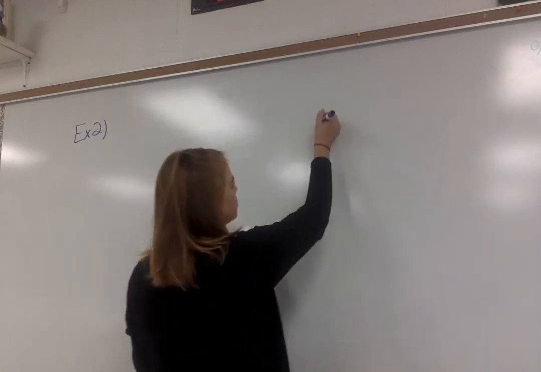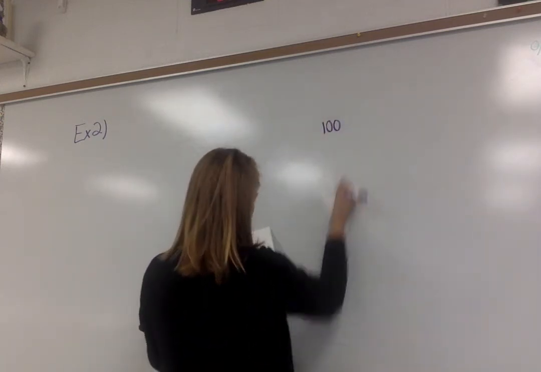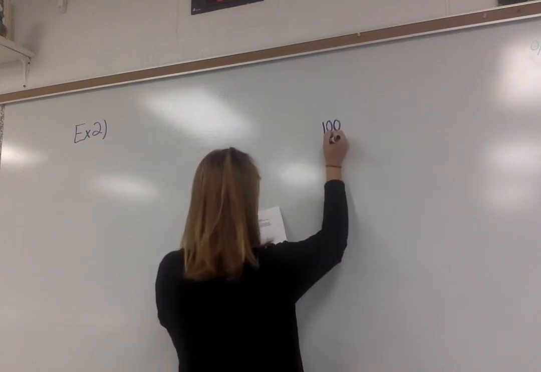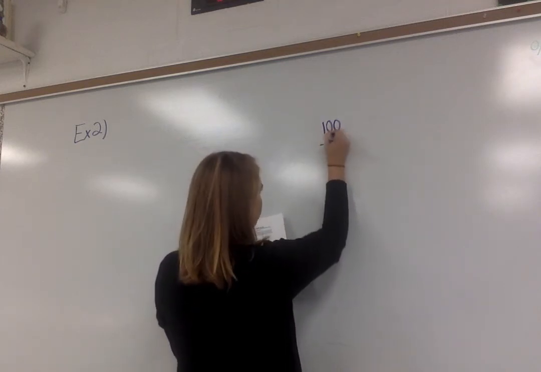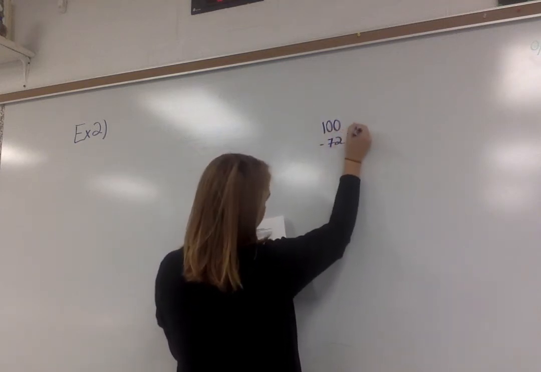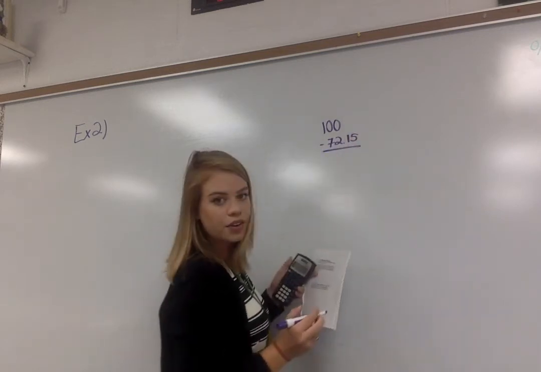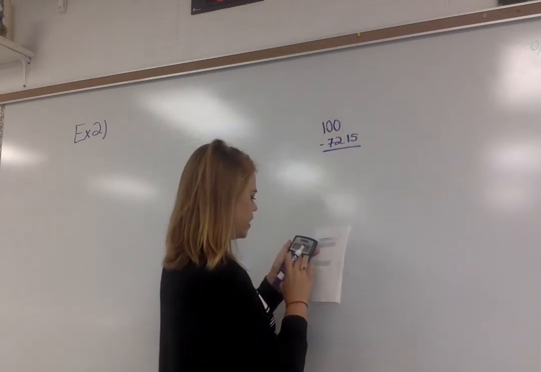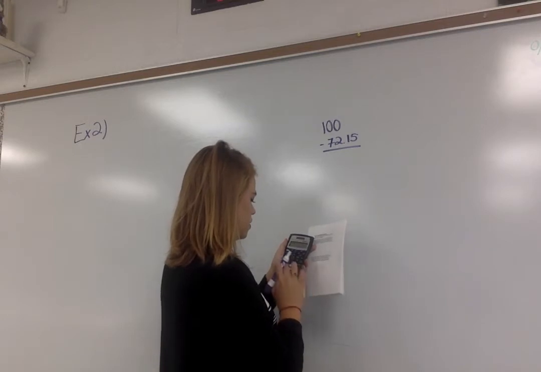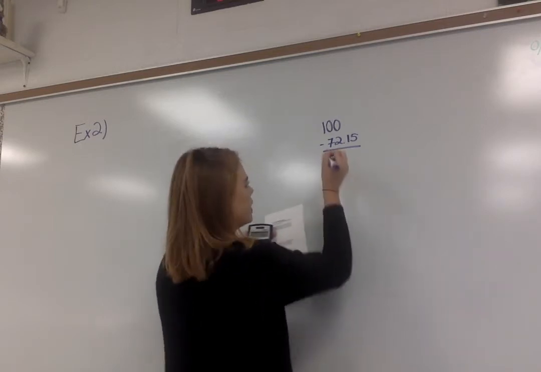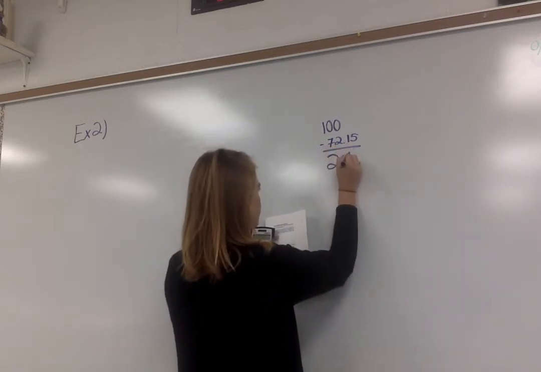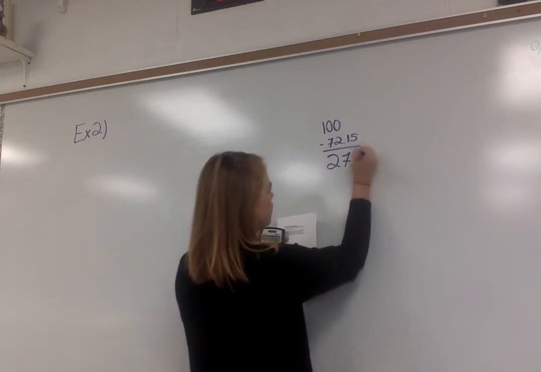So if 100% would be our total, we'll take away what we know. We know 72.15%. When I take 100 minus 72.15, I get my second percentage, which would be 27.85%.